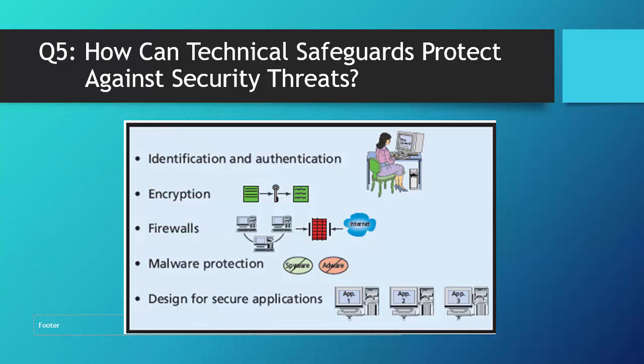A technical safeguard means it's looking at hardware and software components of your information system. So again, we've got identification, authentication, your user ID and password, some form of encryption of the data. We want to use firewalls to protect who can get in, who can get out, so to speak. So a firewall goes both ways in terms of doing protection.